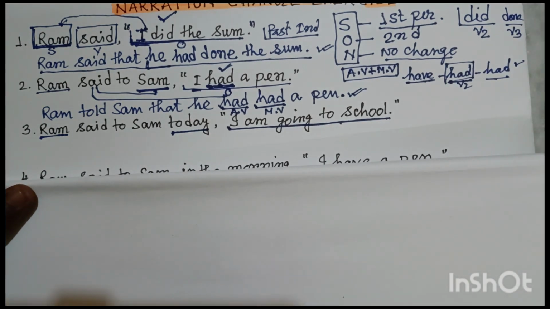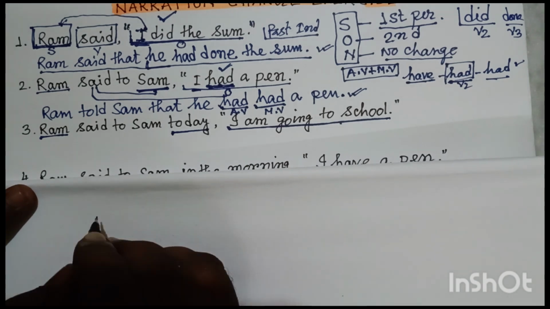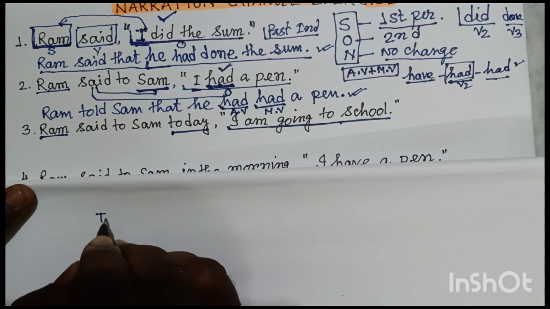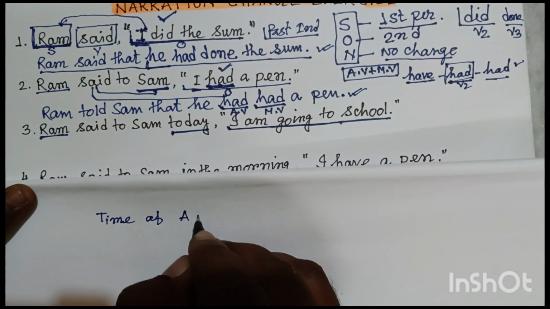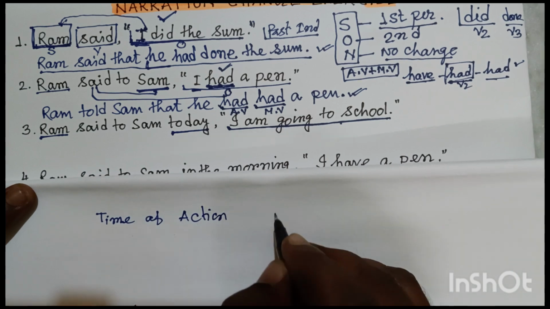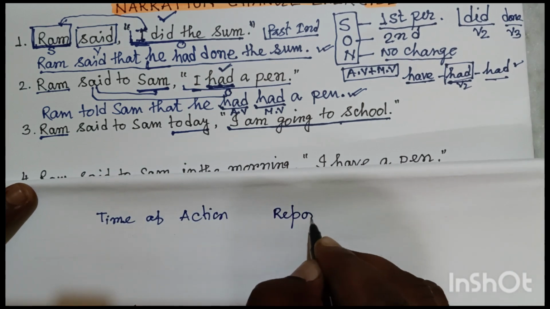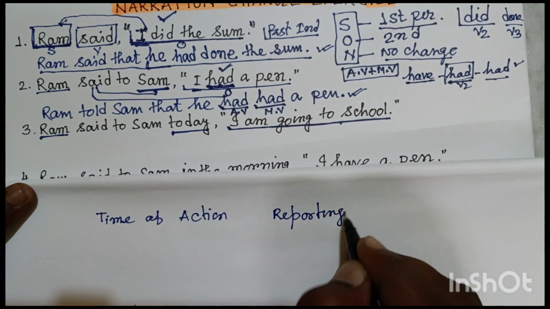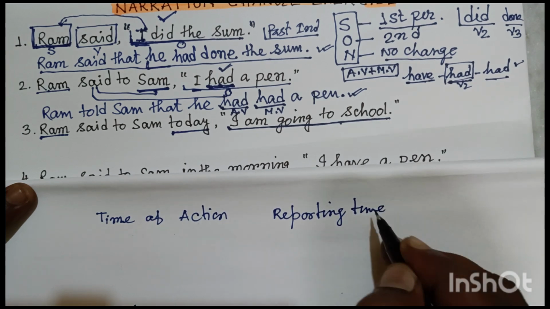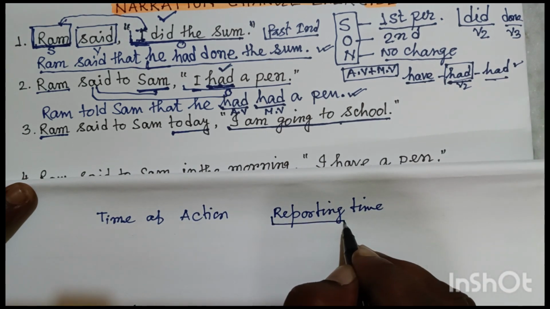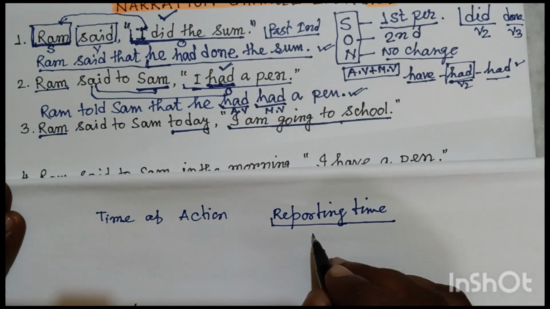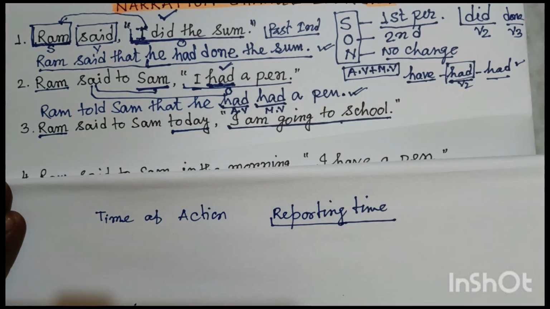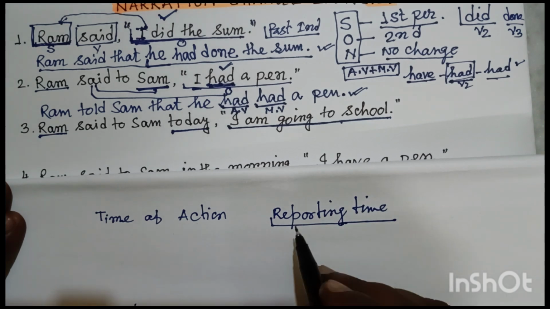My dear friends, here we have to understand, in case of narration, we have to understand the time of action and reporting time. Whenever it is being reported, it is very much important for direct to indirect speech.